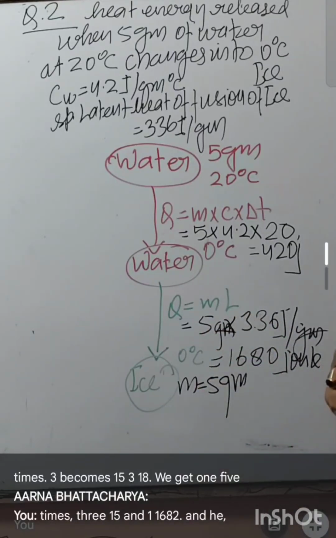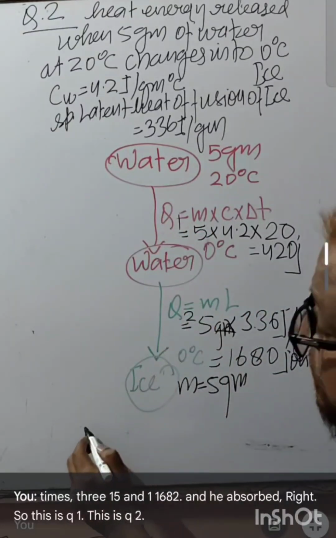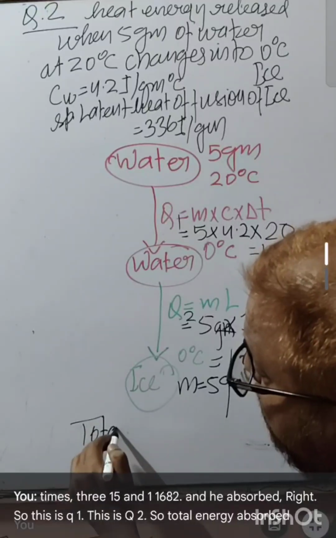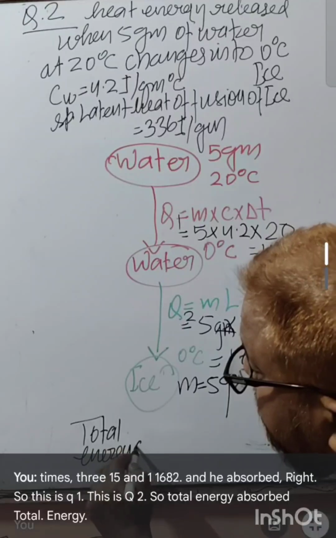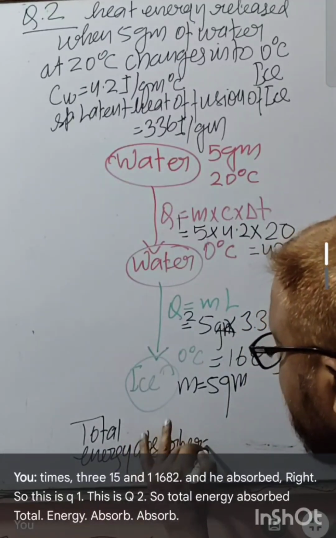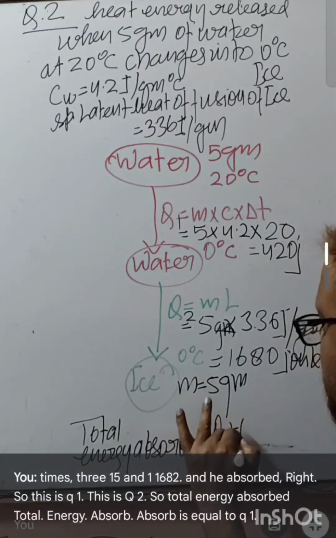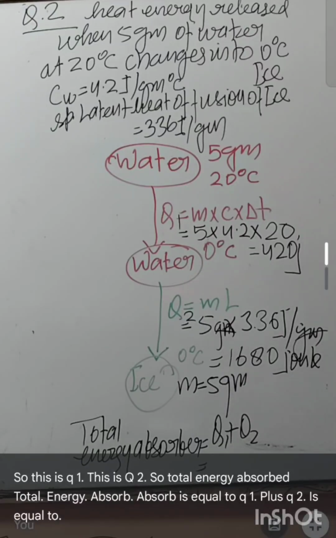Yes, sir. Energy absorbed, right? So this is Q1, this is Q2. So total energy is equal to Q1 plus Q2, which is how much? 420 plus 1680 joule.